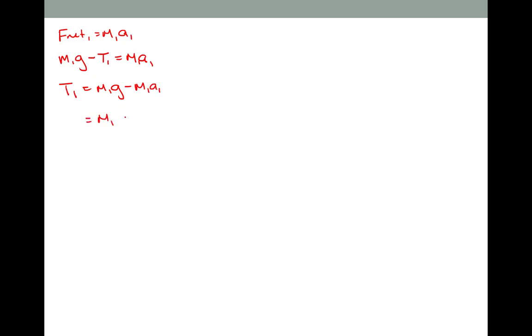And now I'm going to plug in the fact that a1 can be written in terms of the angular acceleration, alpha, times the radius: a equals r alpha.